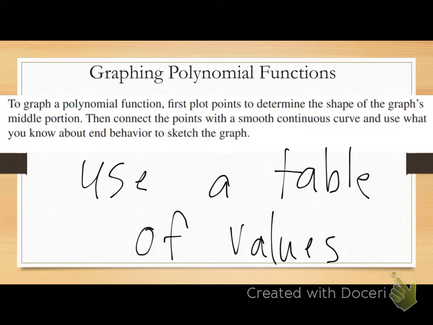We're going to use a table of values, where you pick some x values to plug them in, get your y values, and that'll give us some ordered pairs. Does that make sense? So we're going to be making some tables of values today, which with a calculator should be pretty easy. Plot our points, connect it with a smooth continuous curve, use our knowledge about end behavior to finish sketching the graph.